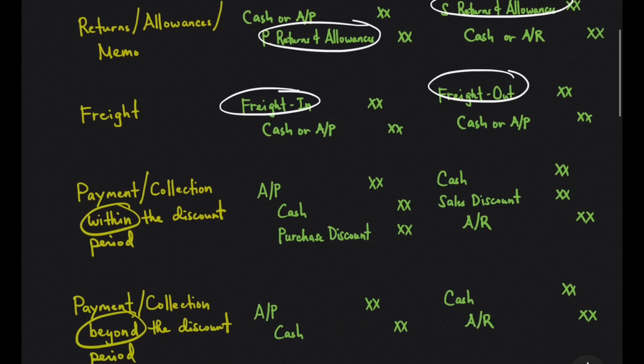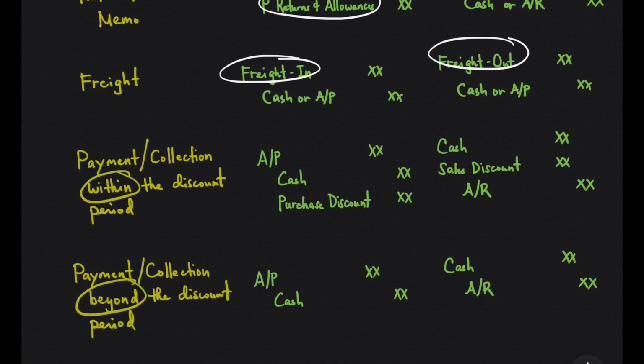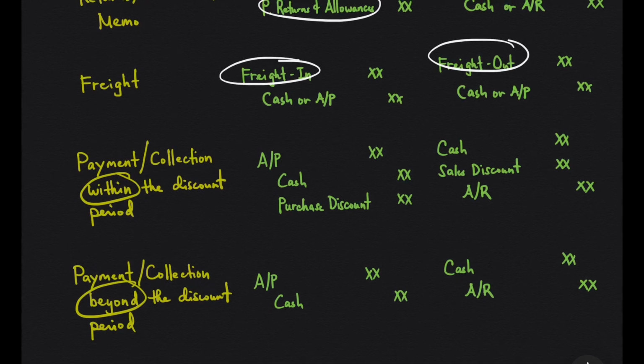Okay. Let's say you are the buyer and you pay within the discount period. You made a prompt payment. That entitles you to the cash discount. So if you can still recall trade discount, this is a cash discount. For the entry, let's analyze. You will debit accounts payable to remove the obligation and credit cash to represent the payment. And since you availed of the discount as a buyer, you will be paying less.